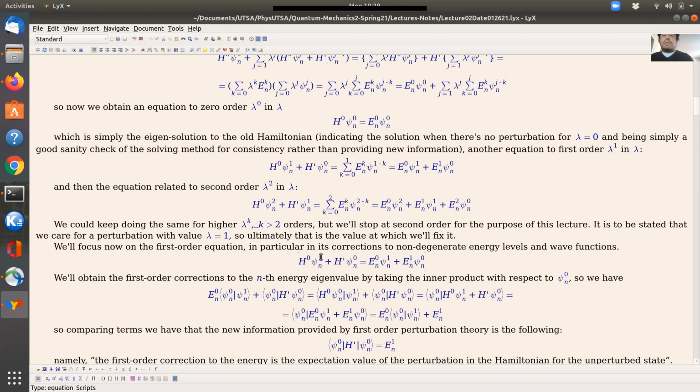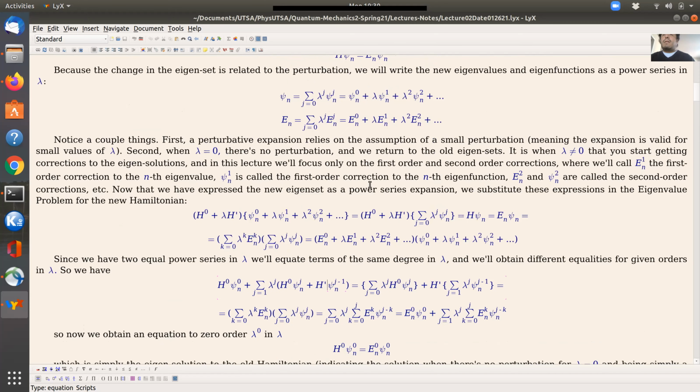So, okay, let's go to the first order equation, right? Which is what we have here. So we have assumed that the energy levels are not degenerate, and that will become evident in a second why we need that assumption. But in any case, in the first order, we have this equation, right? So, okay, what we want to know is basically these terms, phi1n and E1n, which are the first order corrections to the wave function and the energy.